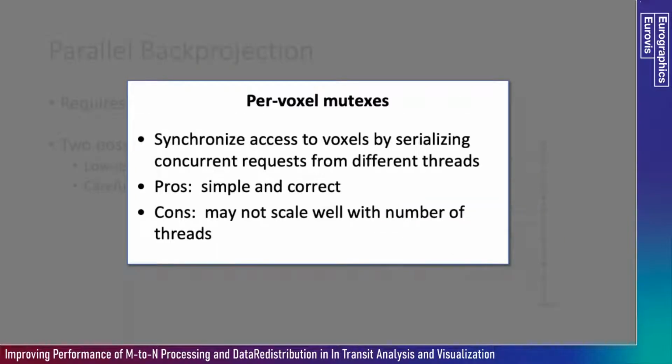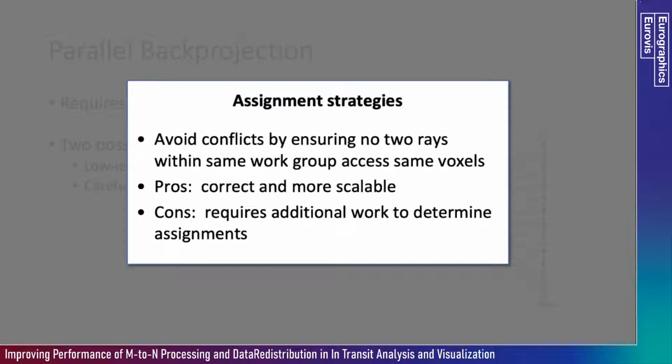With mutexes, we serialize multiple simultaneous writes to a particular voxel value using these low-level locks. The advantage here is simplicity and correctness. However, this approach may not scale well due to contention for the per-voxel locks among the simultaneously executing rays. In the second approach, careful parallel task assignment, we instead seek to avoid conflict by construction.